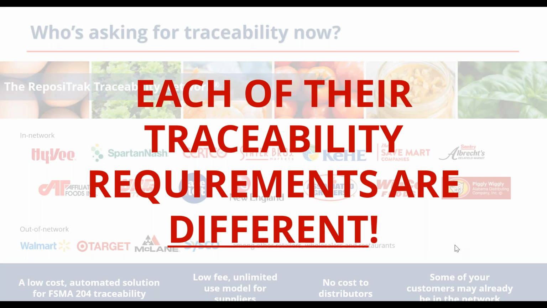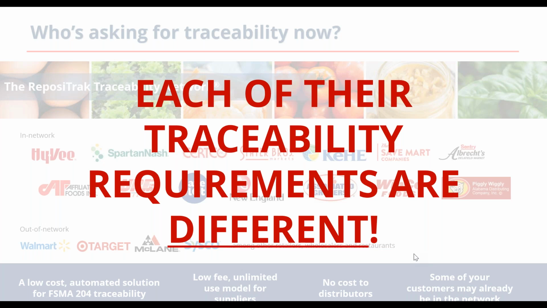Here's the big challenge for you: the requirements aren't all the same. The FSMA 204 traceability requirements are the same, but your customers are going beyond those requirements in many cases. And the challenge for suppliers is, how do I deal with it? I have to share certain data with certain customers, but other customers want different data. They want it in a different way.